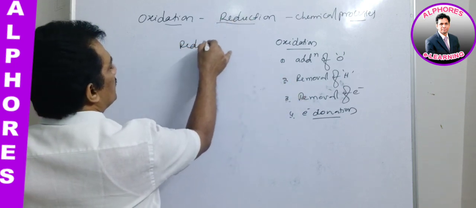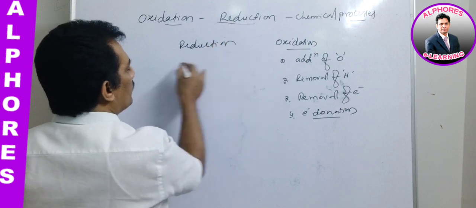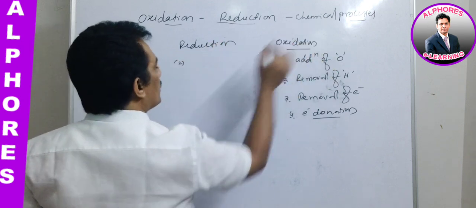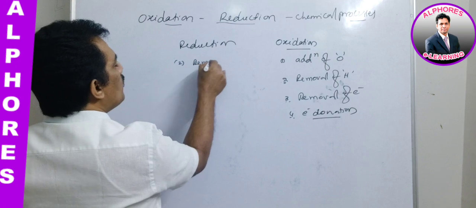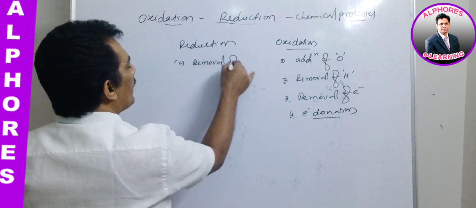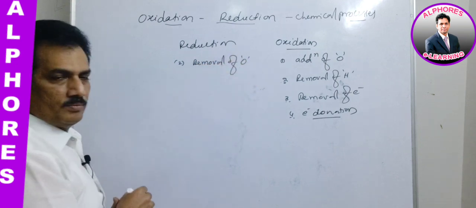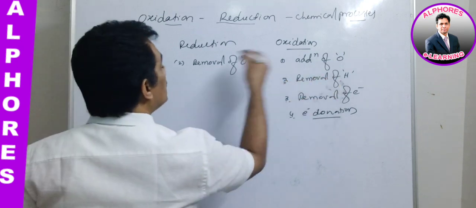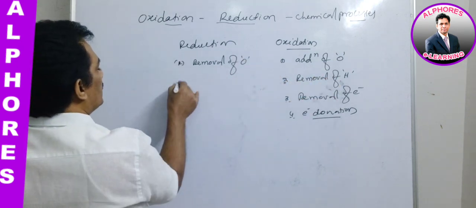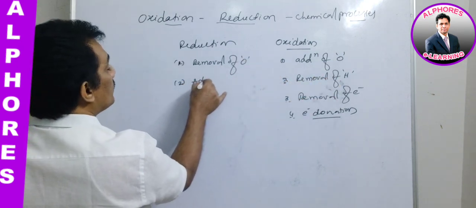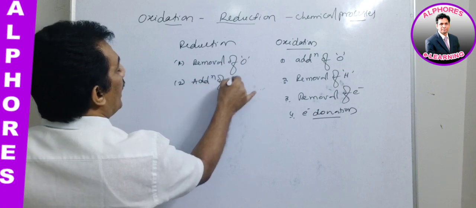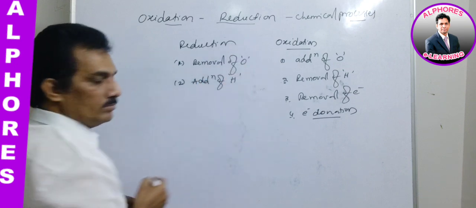What is reduction? You can say it is the reverse of this. Addition of oxygen is oxidation; here removal of oxygen is reduction. Removal of hydrogen is oxidation, and here addition of hydrogen is reduction.